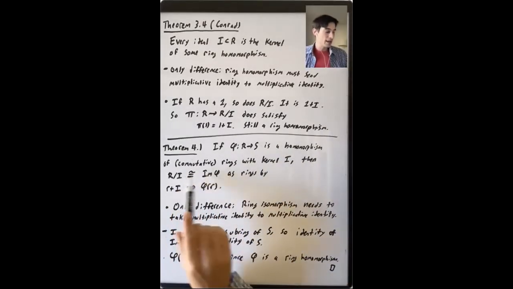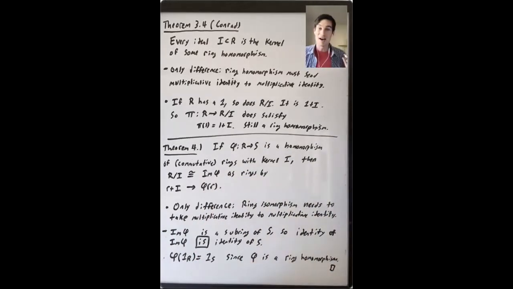And these two rings are isomorphic, and the isomorphism is given by the function that takes the left coset of I containing r to phi of r, the same map that we used to prove this earlier in this lecture. Okay, so what's the only difference?